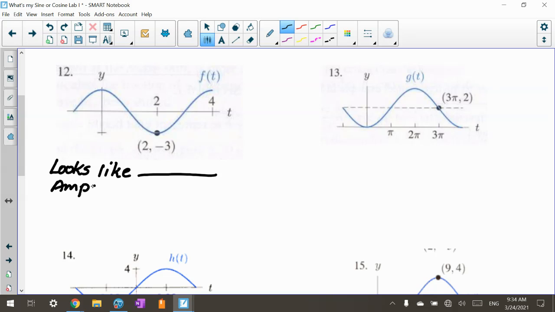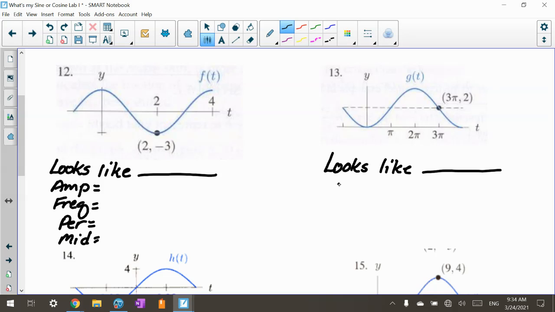I'm going to do this as well for number 13: looks like, amplitude, frequency, period, and midline. Please do not use AFPM. Just write it just like that. Please use equal signs, not dashes, because it looks like negative signs.